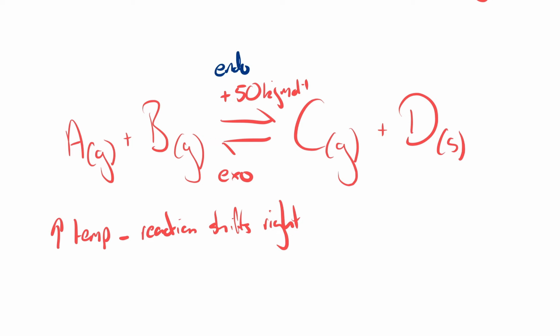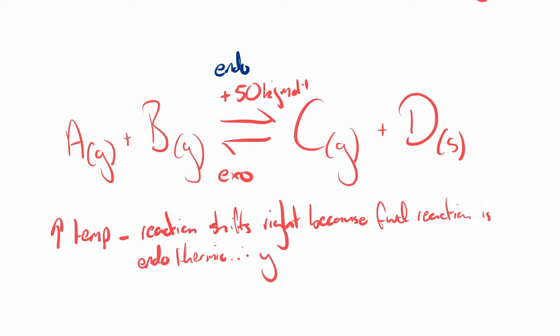And we can say because forward reaction is endothermic. And we can also say, therefore, yields of C and D increases.